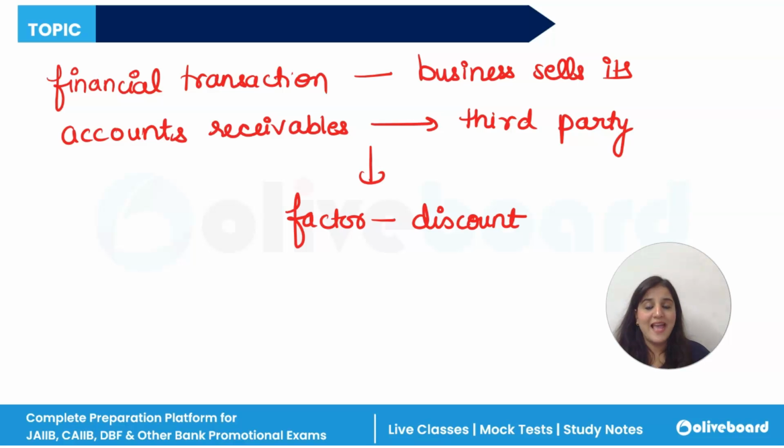This process helps the business obtain immediate cash flow instead of waiting for the payment terms to be fulfilled by its customers.